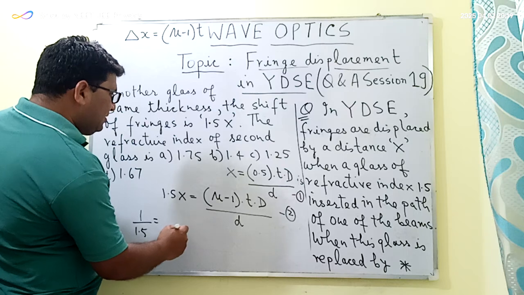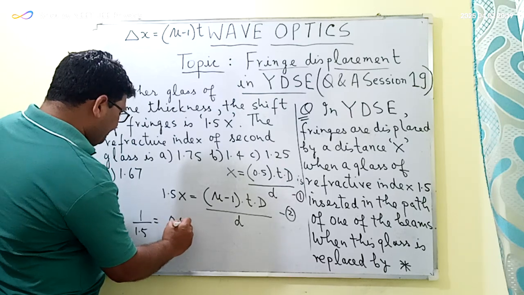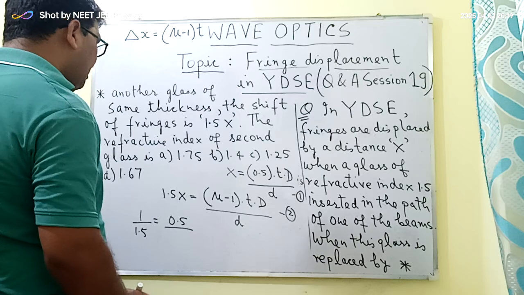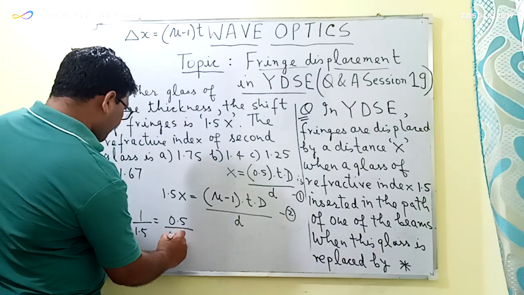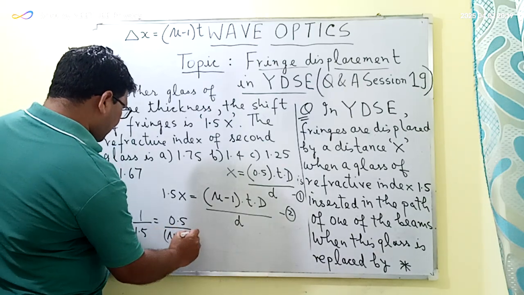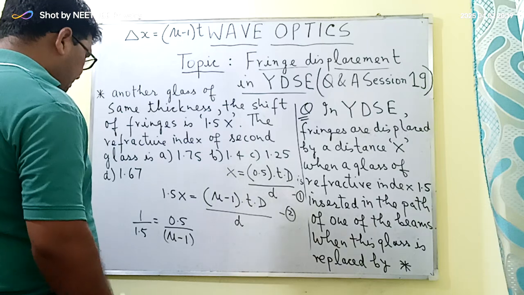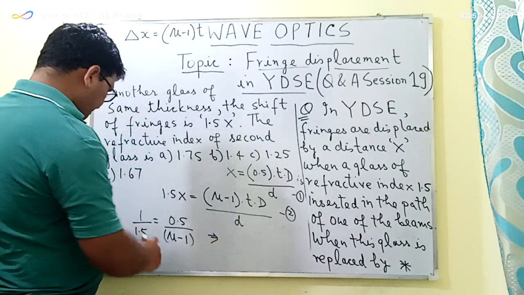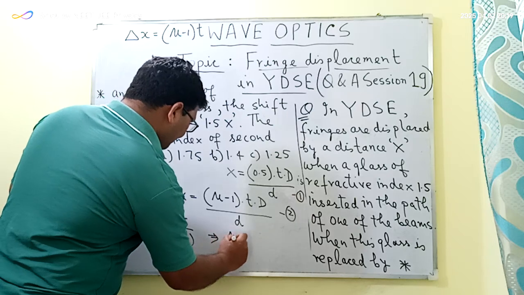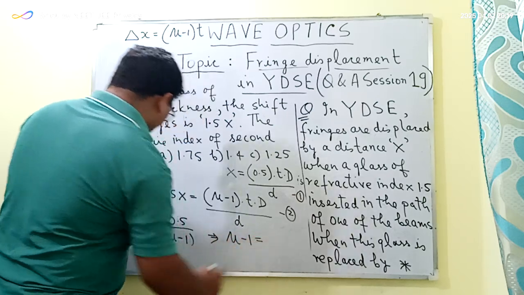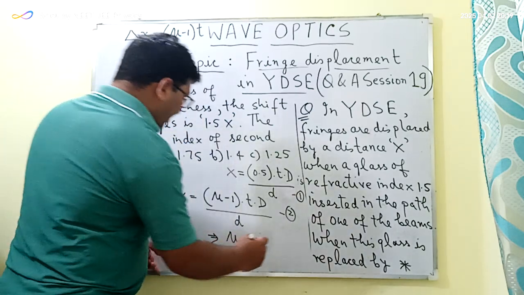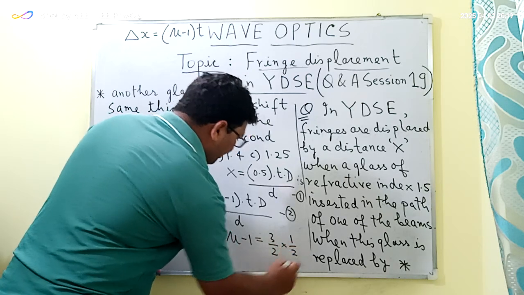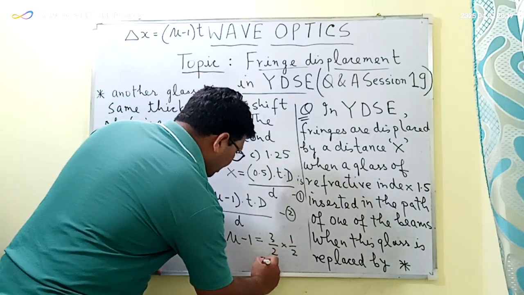So finally I will be left with 0.5 divided by mu minus 1. It implies that mu minus 1 will be equal to 1.5 into 0.5. So 1.5 is basically 3 by 2, into 0.5, which is equal to 1 by 2. So this is equal to 3 by 4.